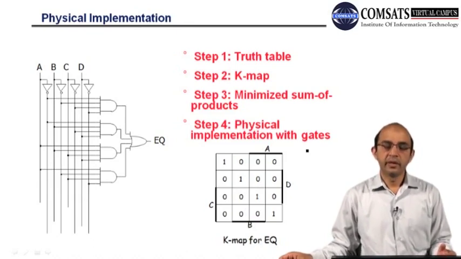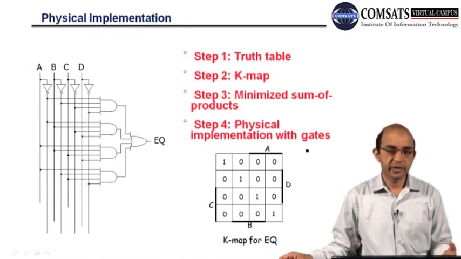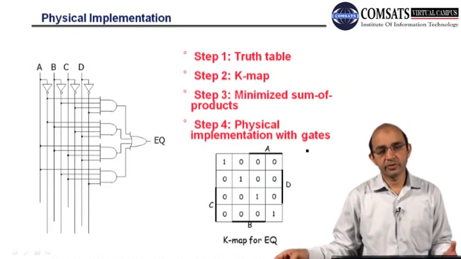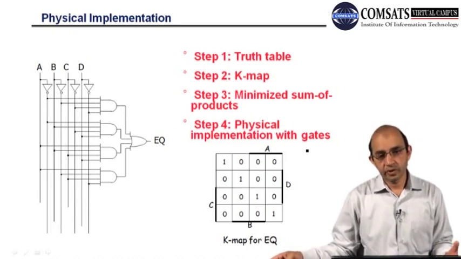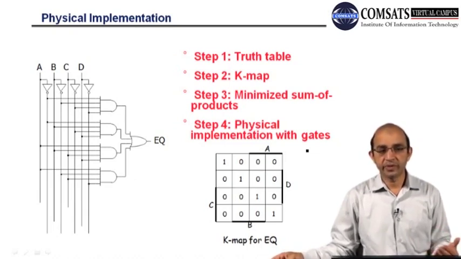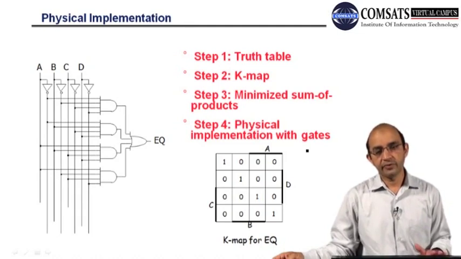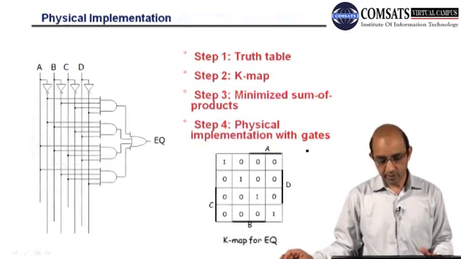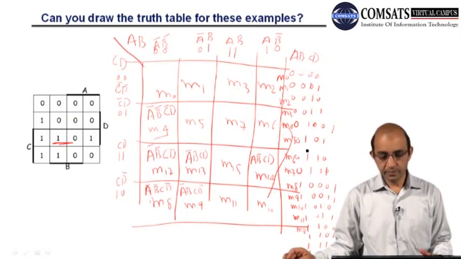There are certain steps we normally follow when we talk about physical implementation. We start from the truth table because we have to start from somewhere. We need a Boolean expression.